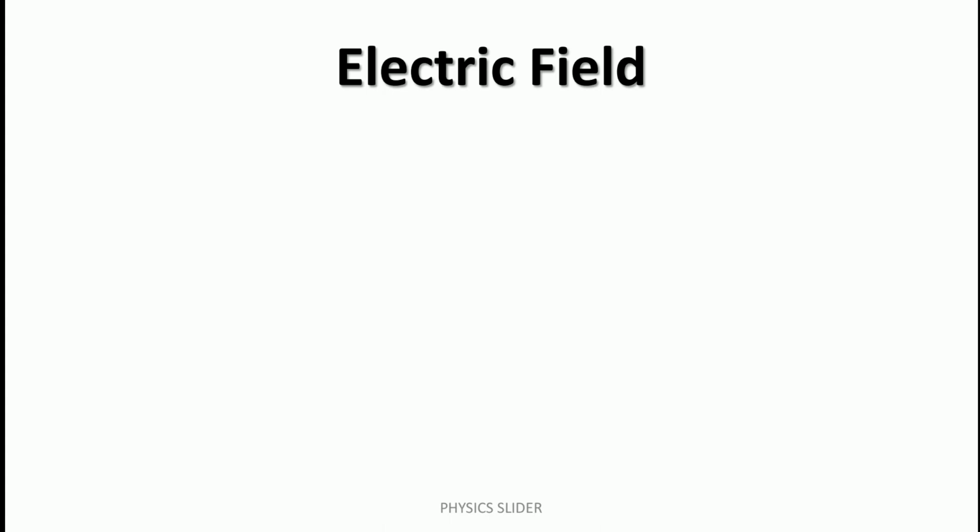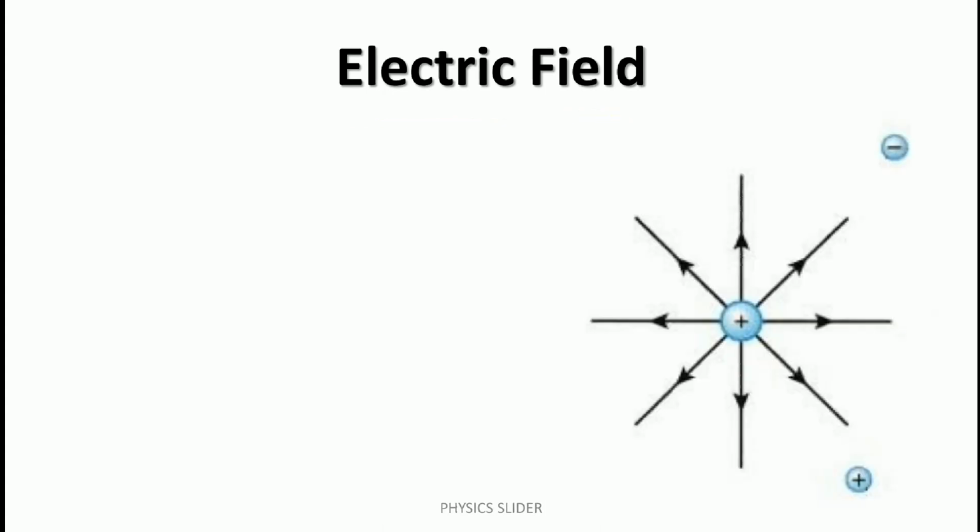Now let's talk about electric field. Watch here. Here we have a positive charge. Another negative charge is here outside the region about this positive charge. Another positive charge is there outside the region about this positive charge. These two charges are outside the region around this positive charge.